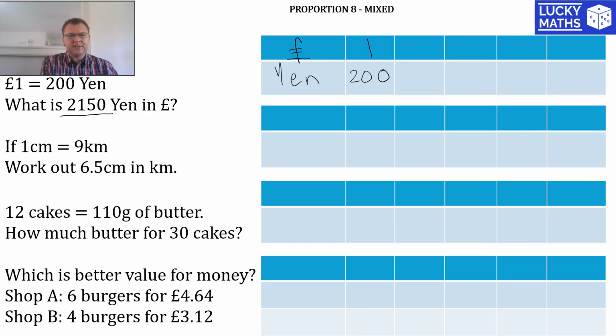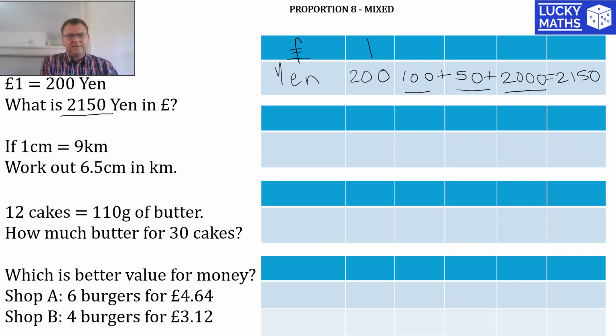So a few choices here, but it might be a good idea to work out what 100 yen is and 50 yen, and then find 2,000. Because if we then add up these numbers, they're going to make 2,150.